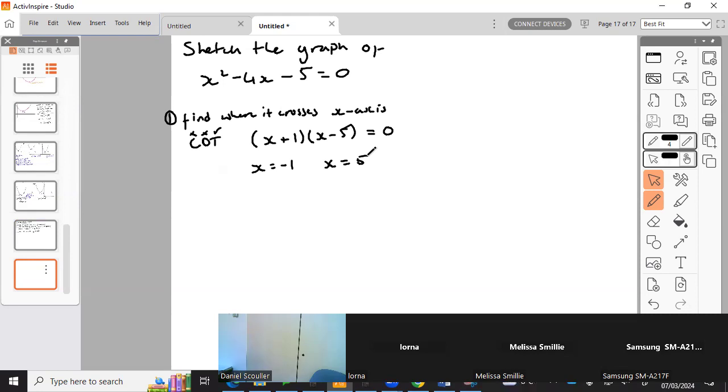That's the full working. Find the turning point. Okay, completing the square and putting it into the form of y equals (x plus a) squared, to get the turning point.